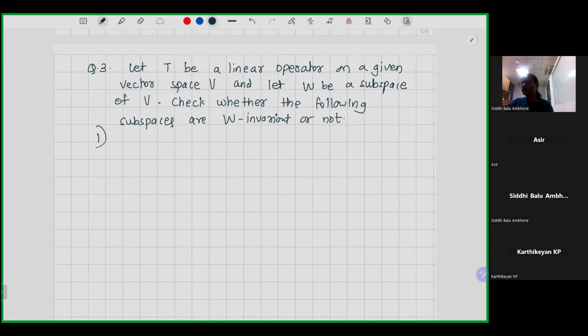So let us take V equal to P3(R) and T of f of x is f dash x. Okay, and our W is P2(R).